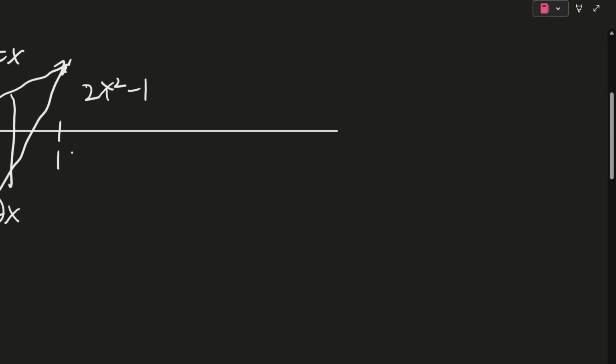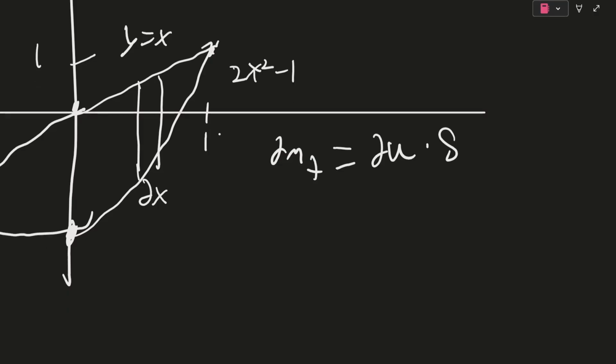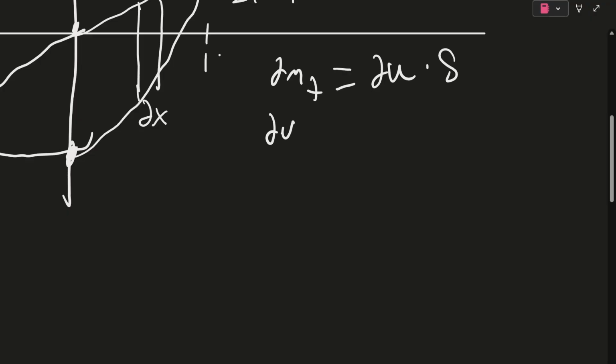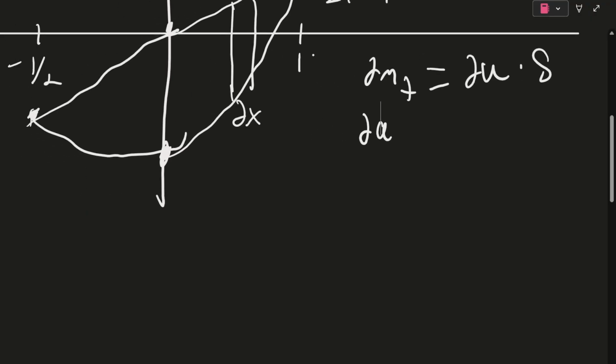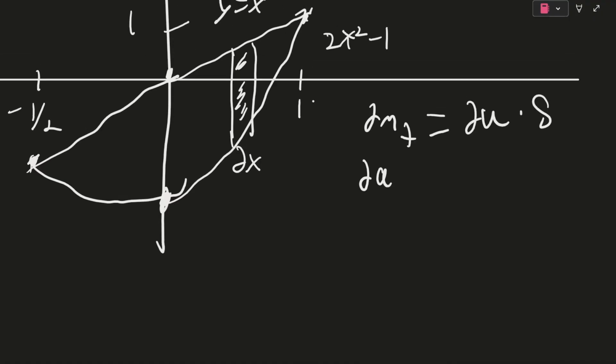Alrighty. And then now let's go ahead and figure out what our dm is equal to. And this is a dm strip, so we're going to label it dm_t. And it's equal to our dA times our density. And then now we have our dA, which is our little small piece of area, which is going to be this little section right here.